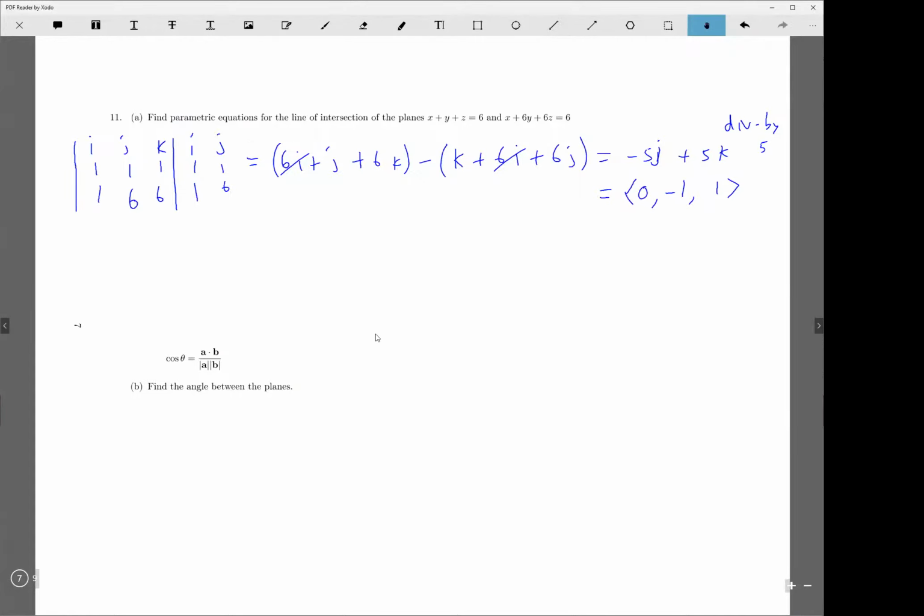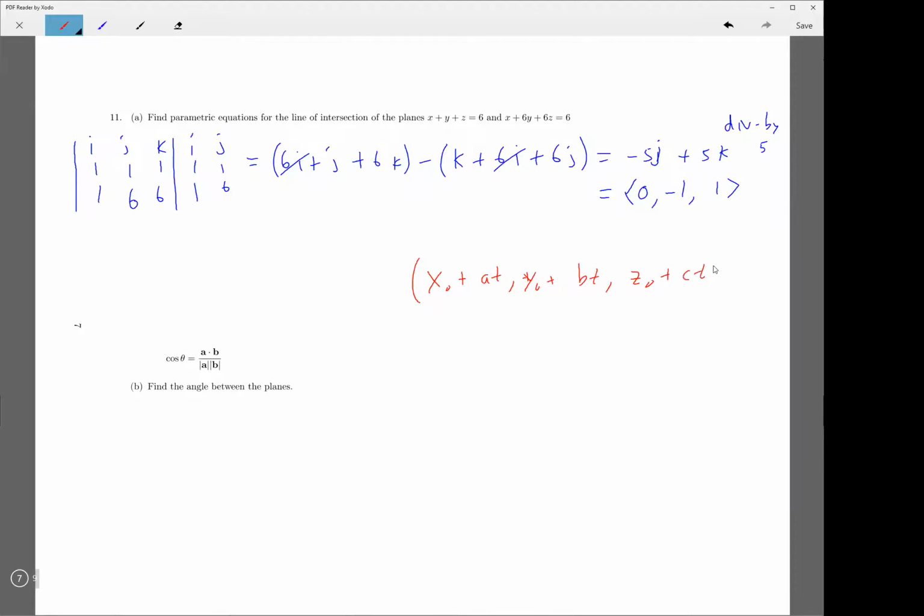Okay, so that's the direction vector. And when we write the equations down, it's going to be x0 plus at, and then y0 plus bt, and then z0 plus ct.